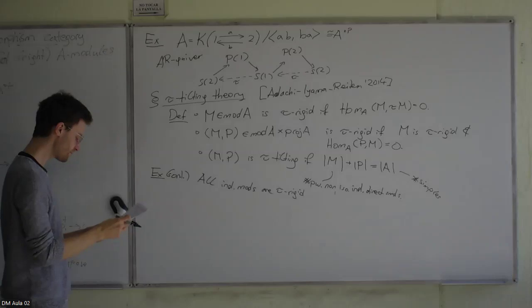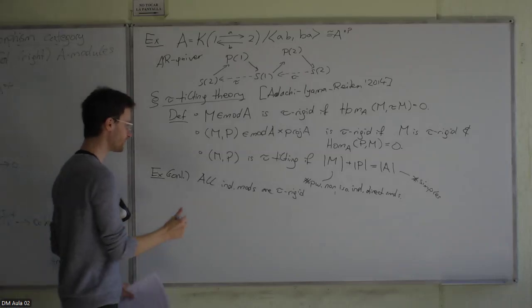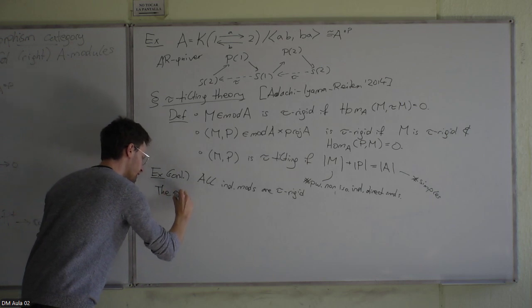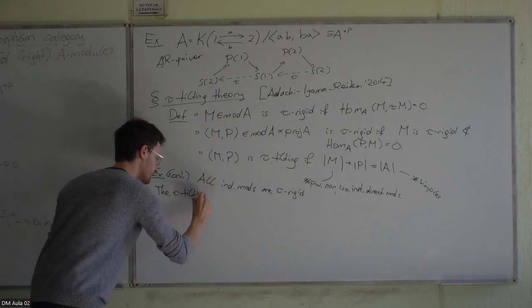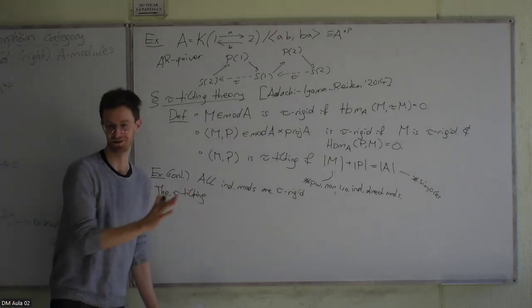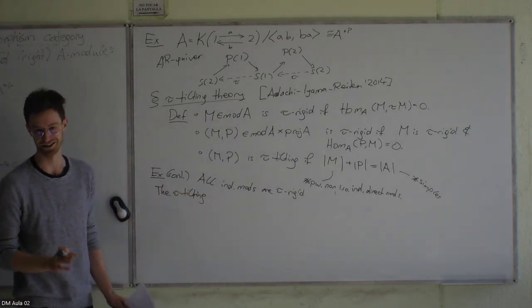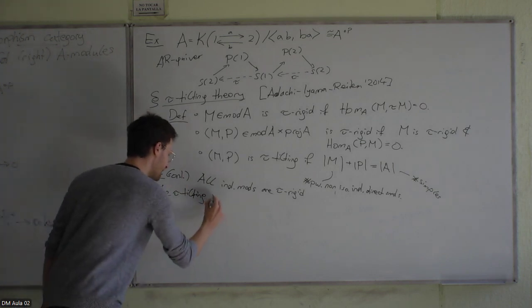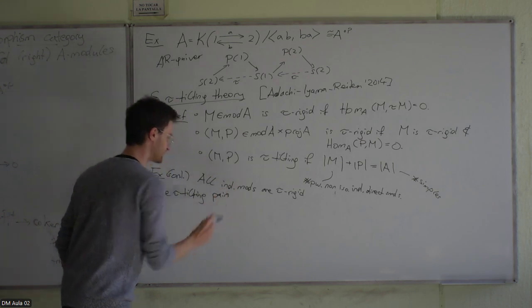And now all the tau tilting pairs are the following. But this is a very particular case, right? Usually it's far from the case that all indecomposable modules are tau rigid.